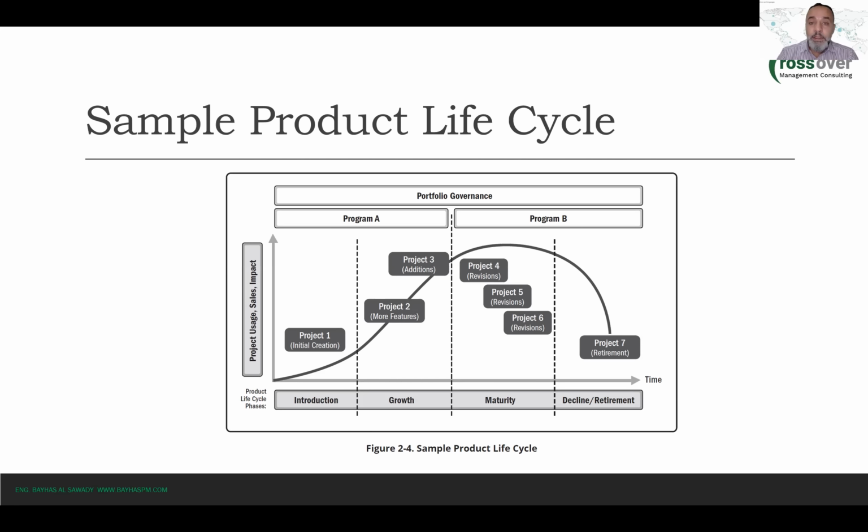And all of this is governed by a portfolio, what we call portfolio governance. So basically, this is the governance of how we invest our money. This is what tells us whether we should invest in this product or in that product, okay? What is the better investment for our company?